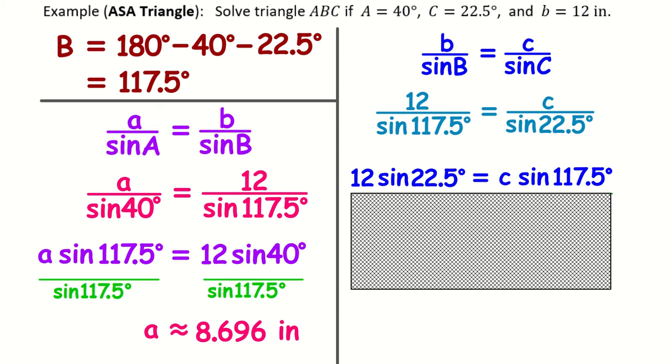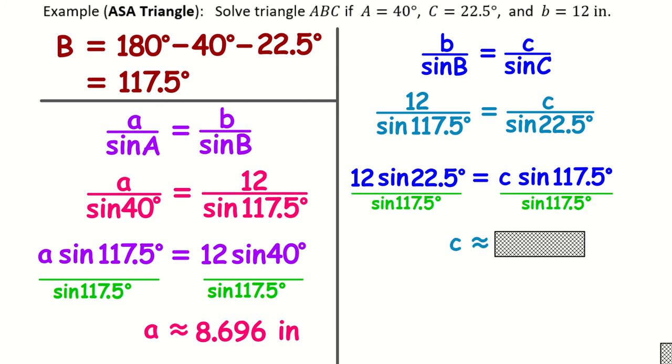What's the next step to solve for c? That's right. Divide by the sine of 117.5. So on your calculator, you're going to be doing those calculations, and you should be getting about 5.177. Okay?